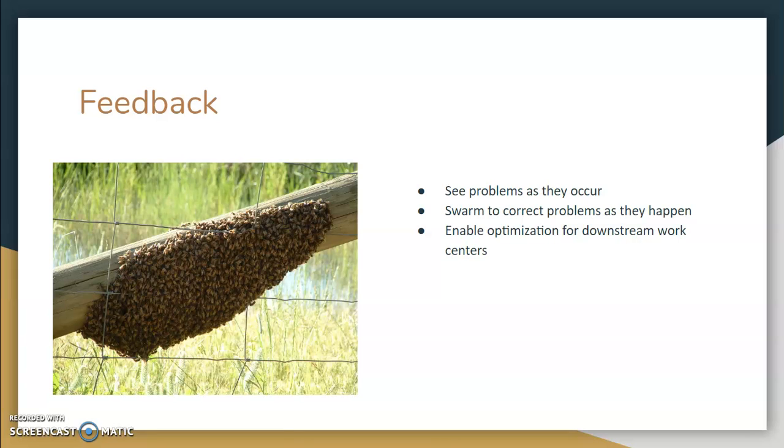You can't be naive or oblivious and just pretend to ignore any problems and say that they don't exist. You need to acknowledge that they're there. And then once you acknowledge them, you need to swarm together to make corrections, to repair things, to move forward so that you can make a more reliable and robust service or application or whatever the case may be.